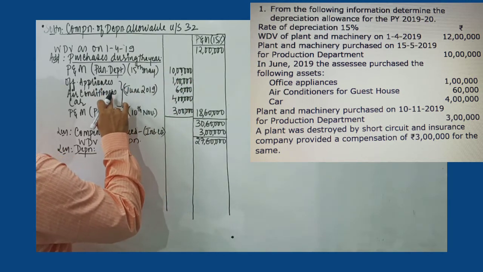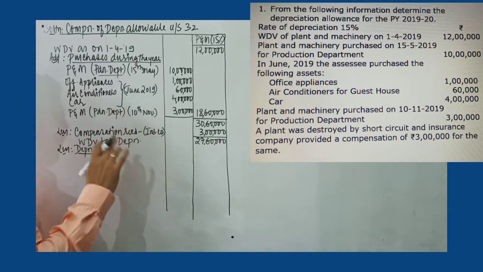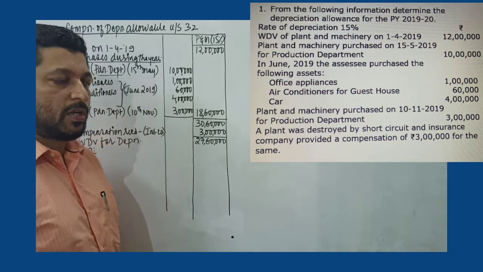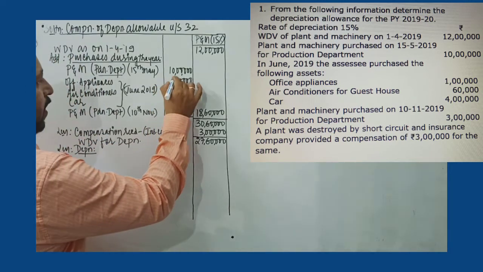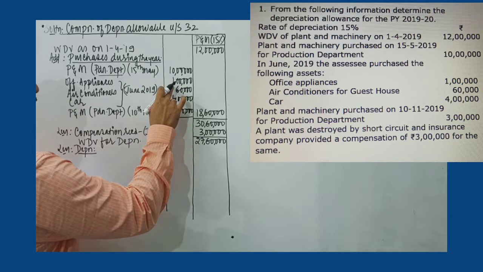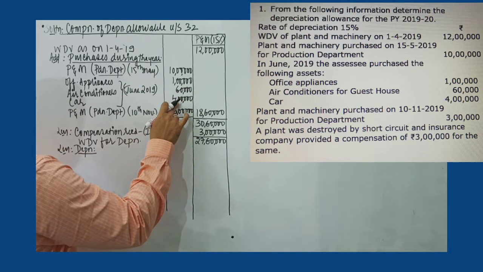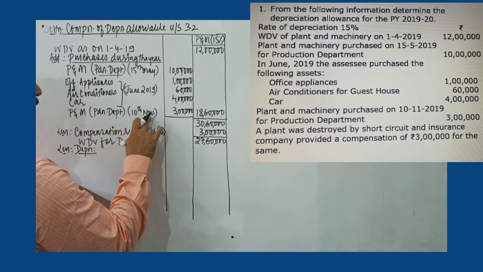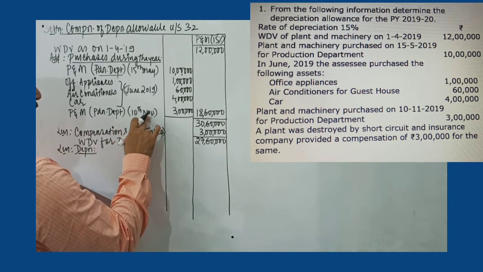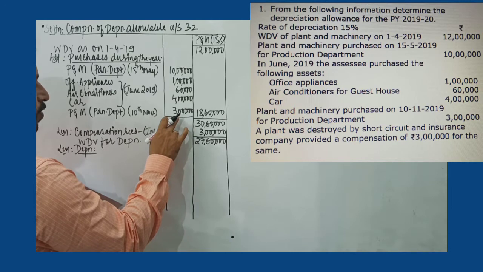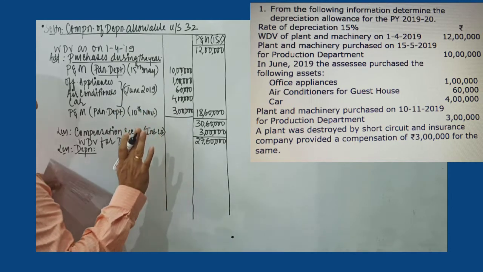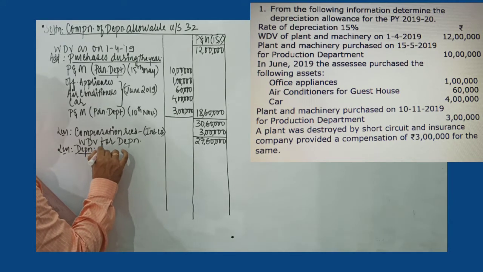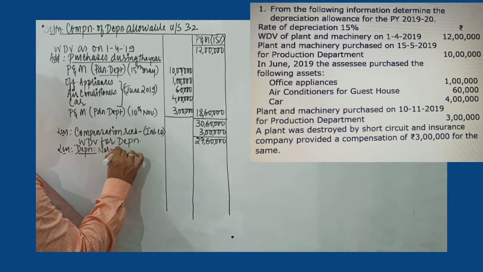Office appliances, air conditioner and car are not installed in the factory and are not used in production or manufacture, so these are not eligible for additional depreciation. Once again, we have plant and machinery purchased for production department on 10th of November. So this particular plant and machinery is also eligible for additional depreciation apart from normal depreciation. So first what we will do is we will record normal depreciation.